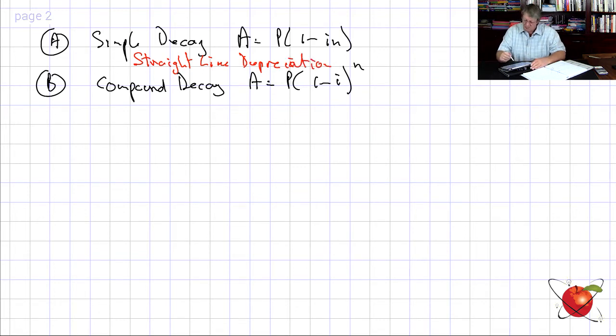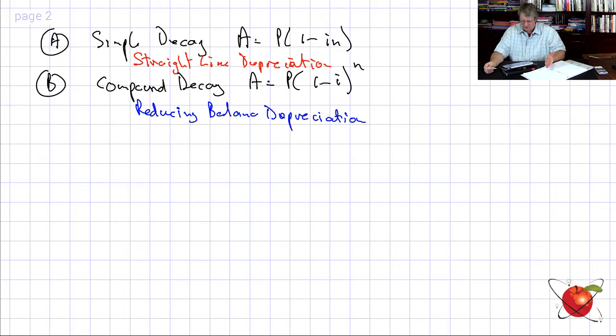Okay? And compound is called reducing balance depreciation. Okay, so we've got straight line depreciation, and the compound is reducing balance depreciation. Well, that's actually the terminology that we use in accountancy, isn't it?